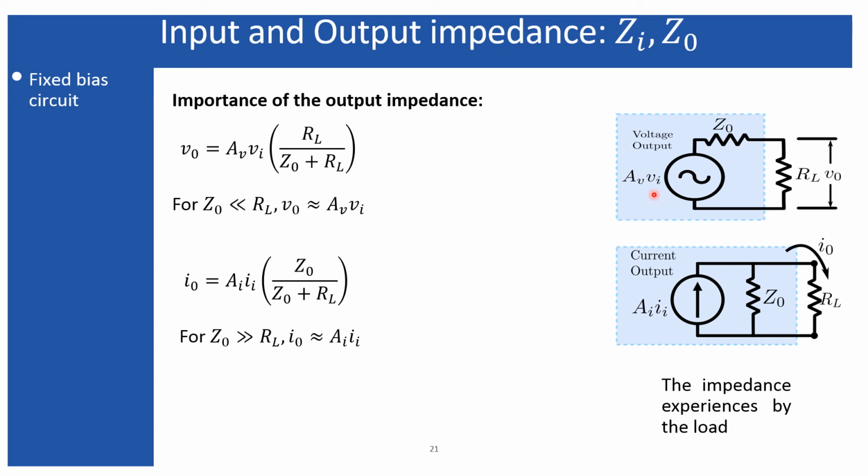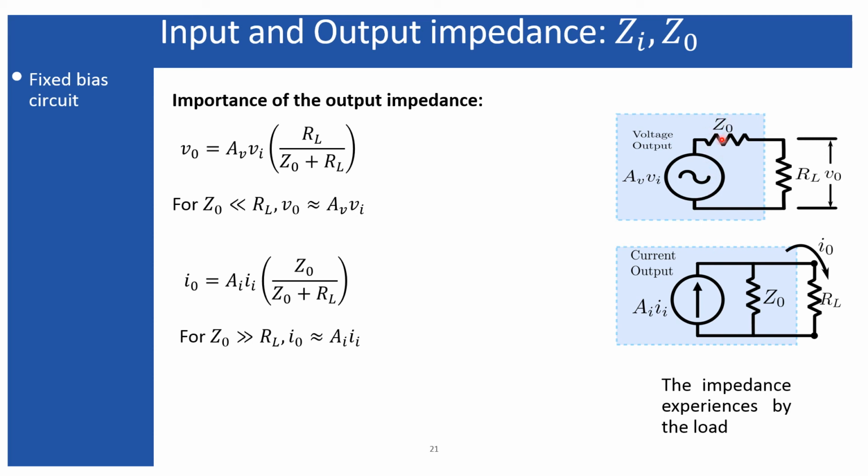So the input voltage is Vi, and it is amplified by this amplification factor AV, and this amplified voltage appears internal to the device, and that is why I have placed that source within the shaded region, and that means that the amplified voltage exists within the device itself. And before the amplified voltage reaches the load impedance, there exists an output impedance of the device.